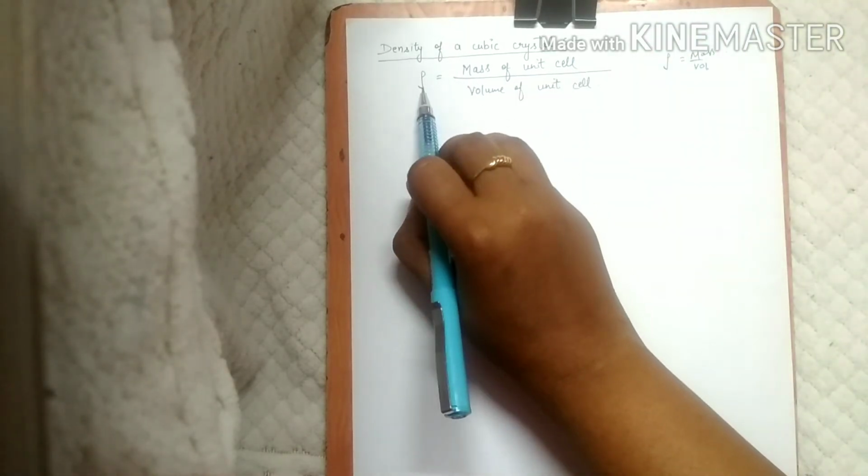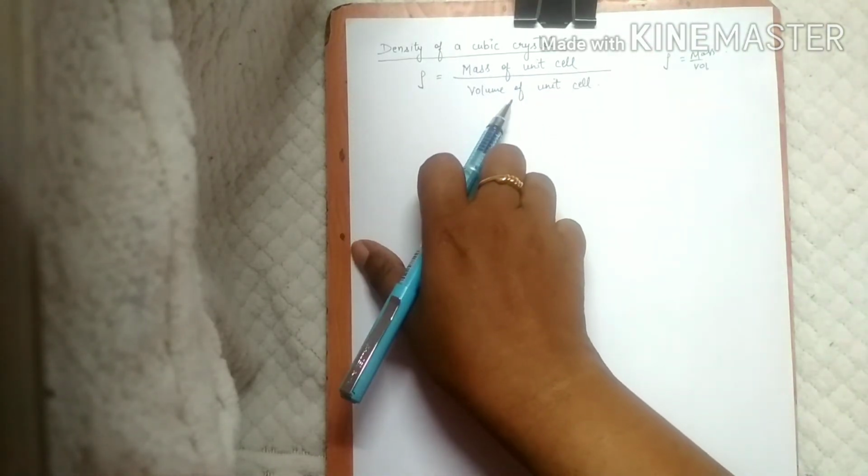Okay, so density of unit cell will be equal to mass of unit cell upon volume of unit cell.